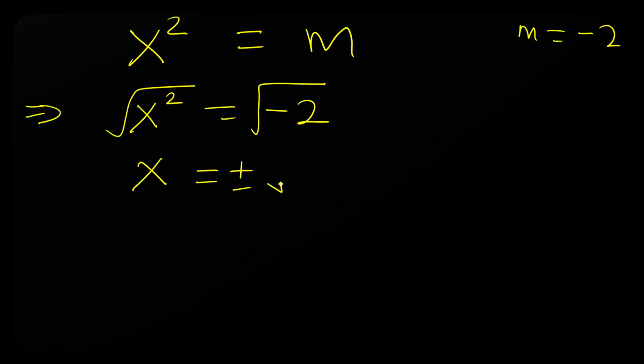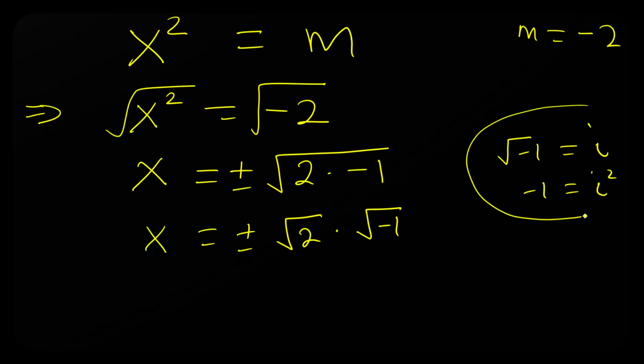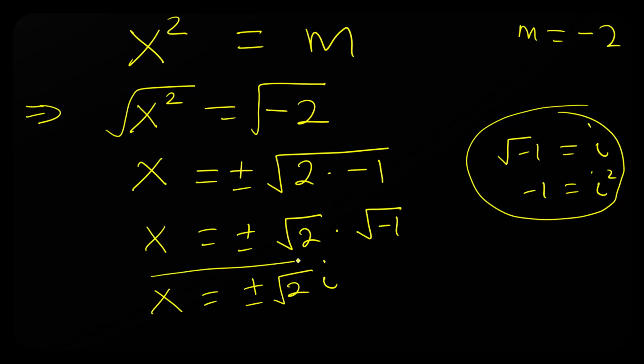Now we can write this as 2 times minus 1, that will be the square root of 2 times the square root of minus 1. But the square root of minus 1 is the same as i from complex numbers, which means that negative 1 is the same as i squared. So from here, we can do substitution: x equals plus or minus the square root of 2 times i. So that's the complex part of the question, the complex solution.